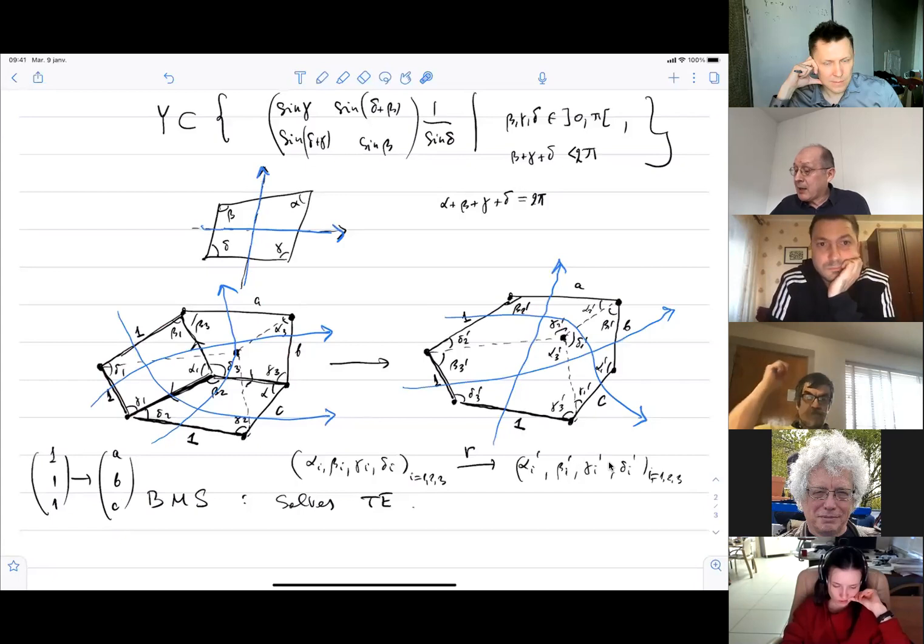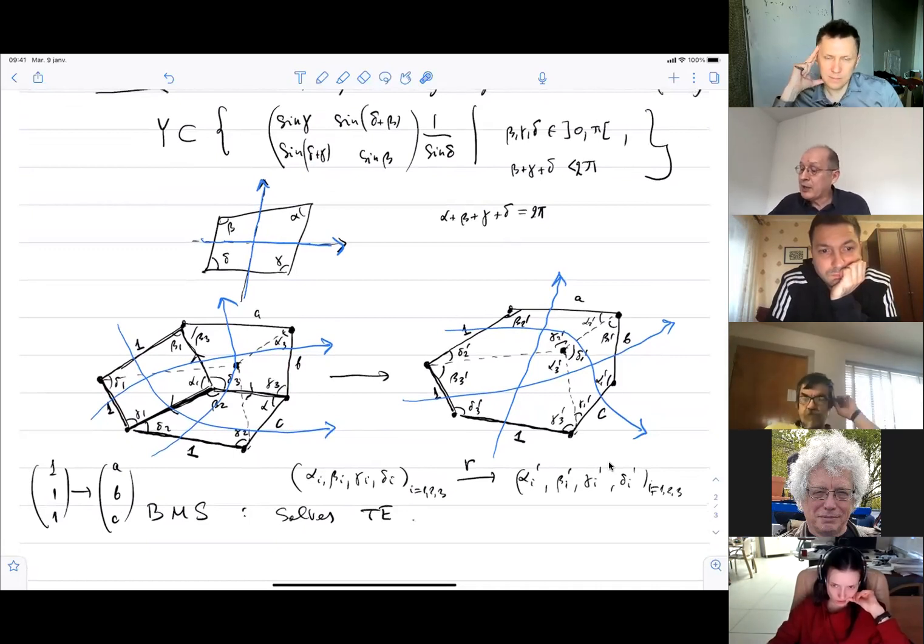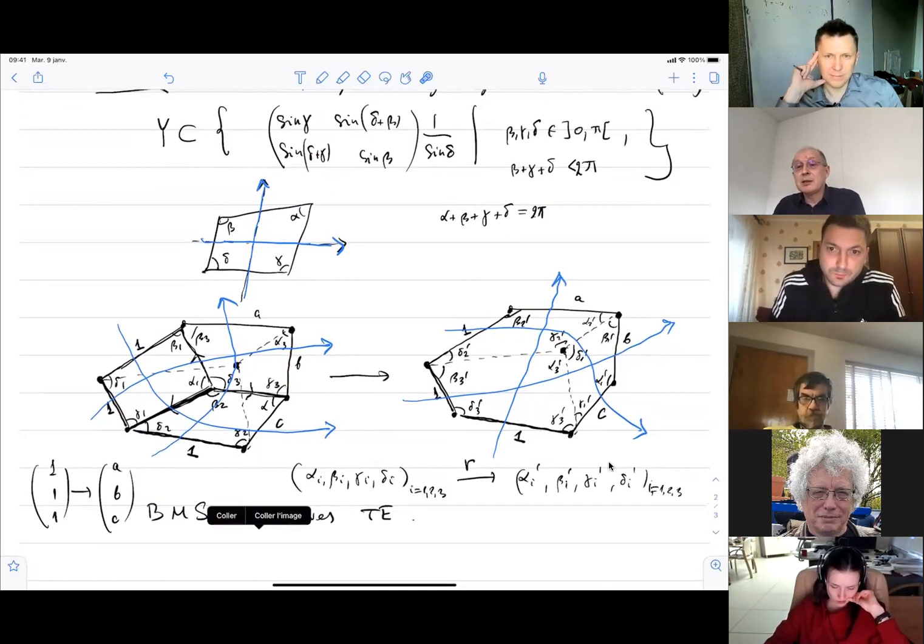And then the multiplication in the local Yang-Baxter equation of 2 by 2 matrices corresponds just to composition of them according to this picture. And then the effect of this action of matrices corresponds to calculating 2 lengths of the quadrilateral starting from the given length of 2 other sides.